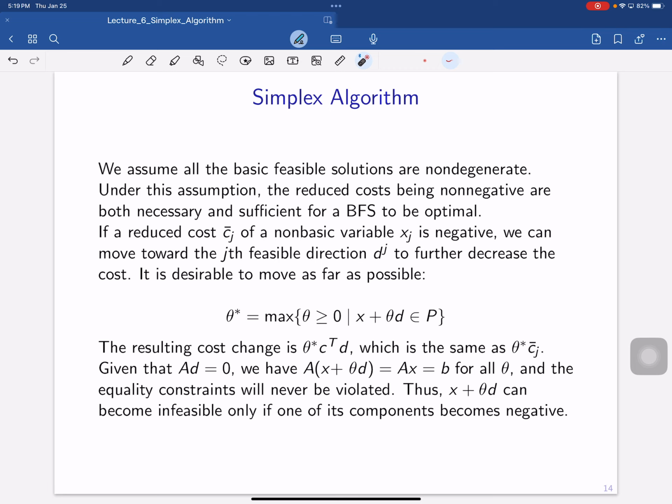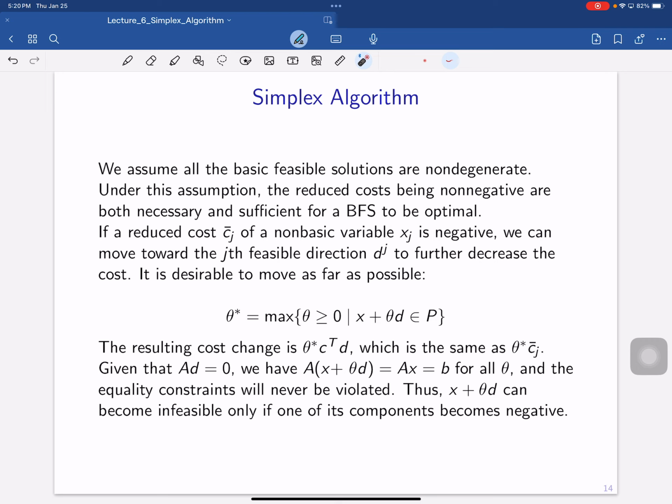Okay, right. So we would like to search along those directions until the reduced cost is non-negative, right? But what if we are not at the optimal solution yet? That means there must exist a reduced cost of a non-basic variable which is negative, right? Otherwise, you already prove optimality.